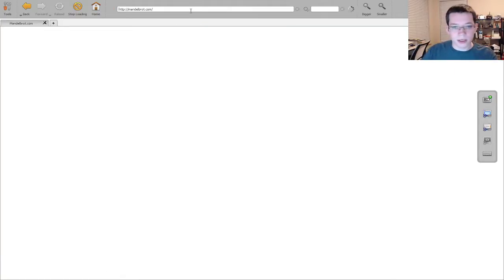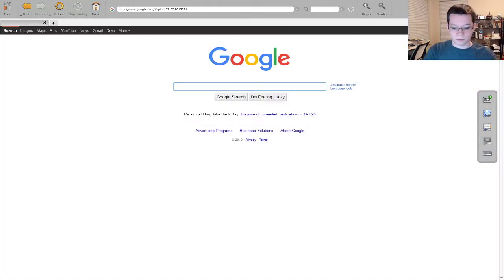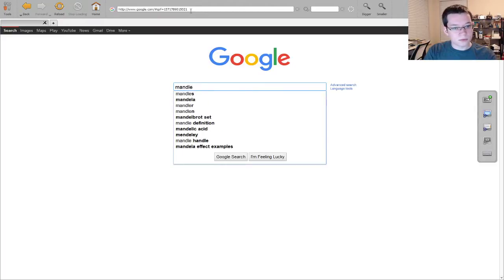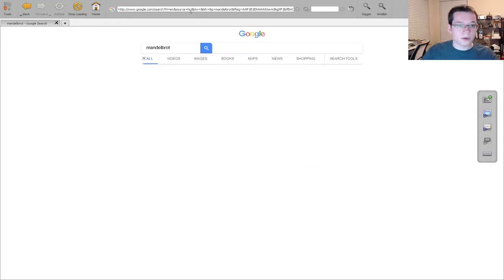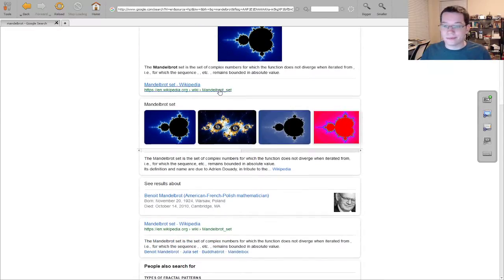No, not Mandelbrot.com. You've probably seen the Mandelbrot before, which is a member of the larger set of these fractals called the Julia set. I am not an expert in any of these, but the Mandelbrot is a very fun way to experiment with graphics libraries and stuff.